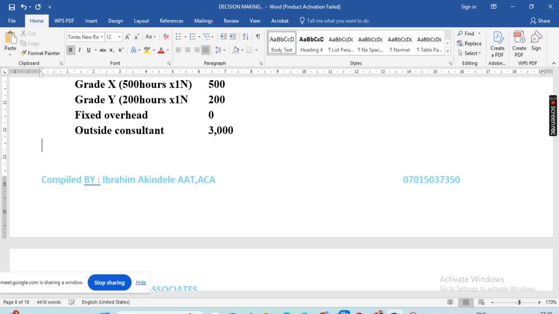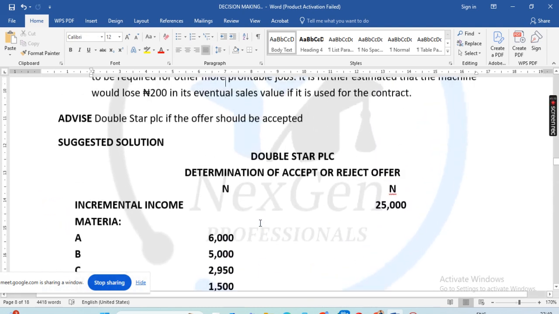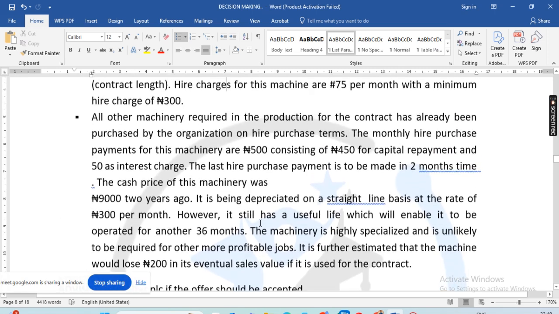Machine hire is 300. Lastly, before we go, next, all other machinery required in the production for the contract.